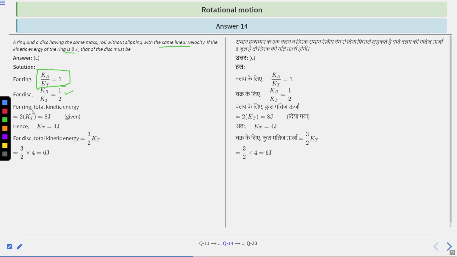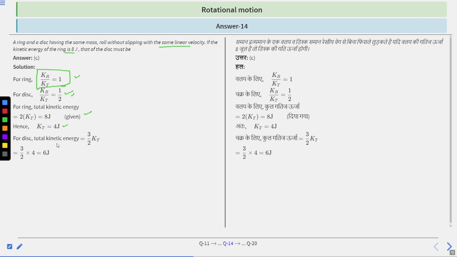So for the ring, the total kinetic energy is 2 Kt, which is equal to 8 joule as given, and hence Kt is equal to 4 joule.